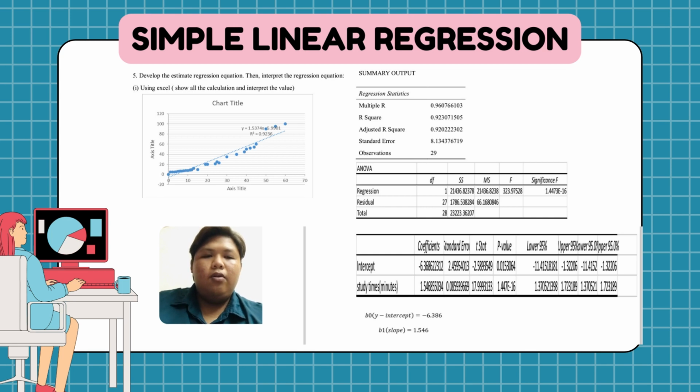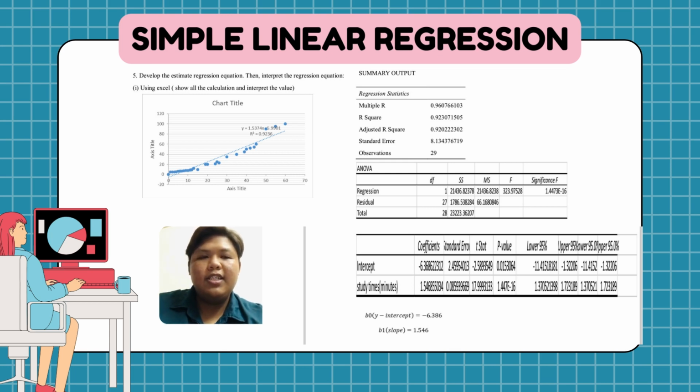The p-value of 1.4473E-16 is much less than 0.05, the typical threshold for statistical significance. This suggests the independent variable has a highly significant effect on the dependent variable.